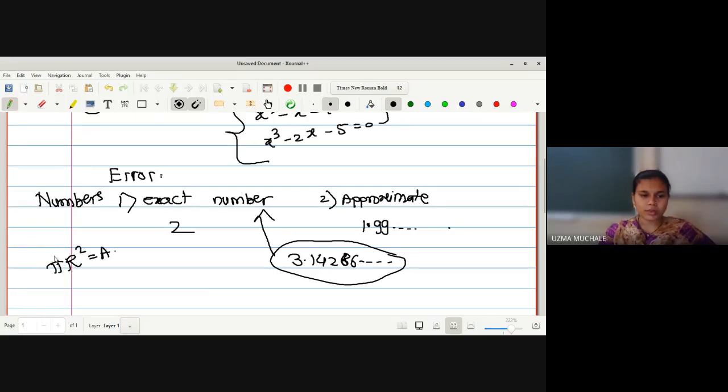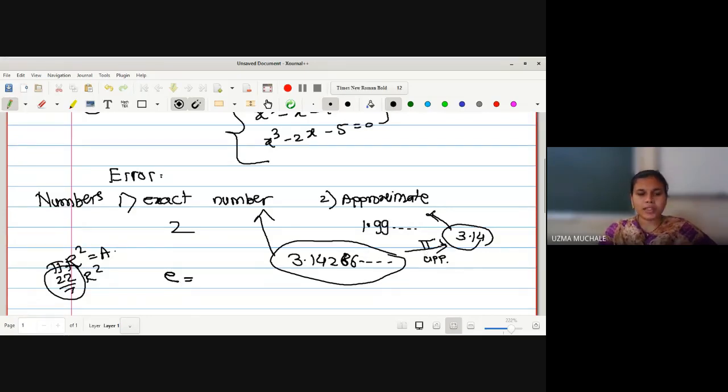You use 3.1428, or rather 22 upon 7. But even by using 22 upon 7, you are not going to get the exact answer, right? Suppose you use 3.142 or simply 3.14. This is the approximate value of pi. So the approximate value of pi is 3.14, or someone may take 3.142.